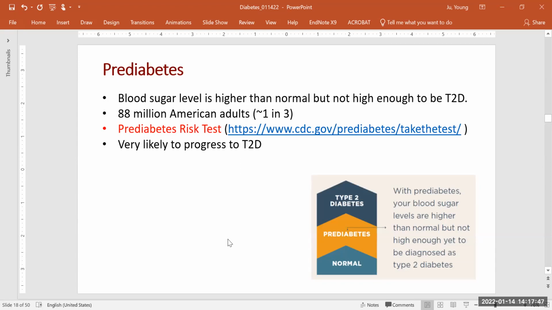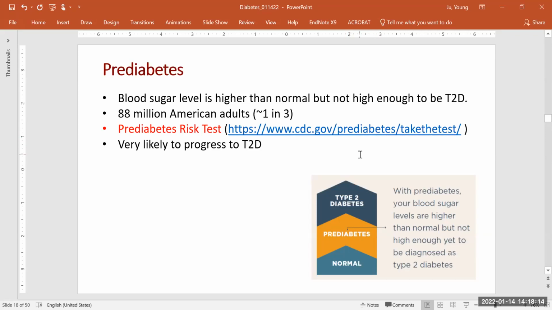Prediabetes is a stage where the blood sugar level is higher than normal, but not yet high enough to be type 2 diabetes. About 88 million American adults, more than 1 in 3, have prediabetes. And this is the CDC, the Centers for Disease Control, link offering the prediabetes risk test.